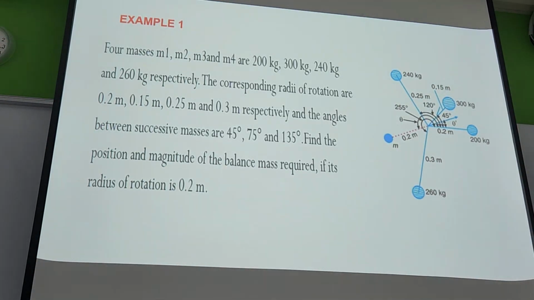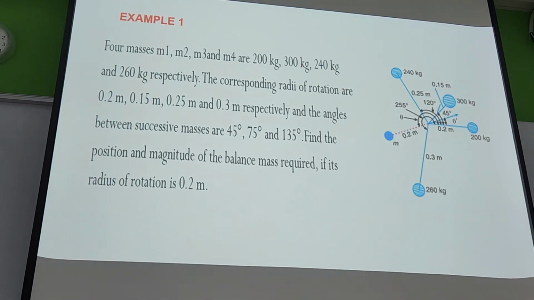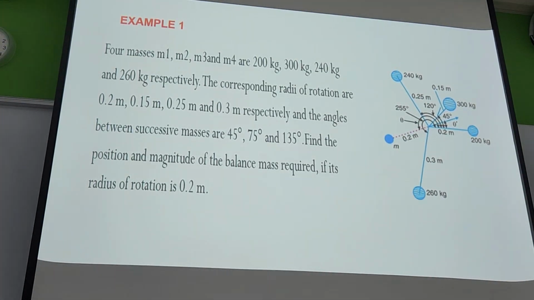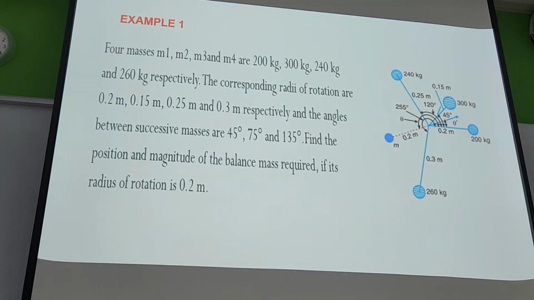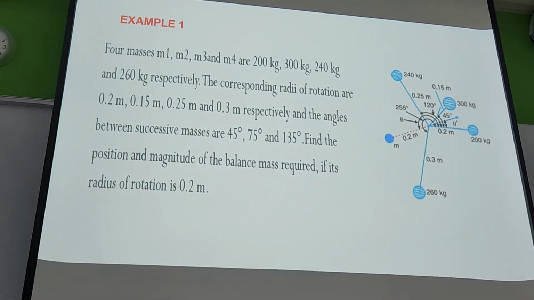The radius of the balancing mass is given as 0.2 meters. So you need to find out what the balancing mass M should be at a radius of 0.2 meters, so that the entire system is statically balanced. In the exam, normally you will be asked one question related to balancing, and that will be the simplest question.